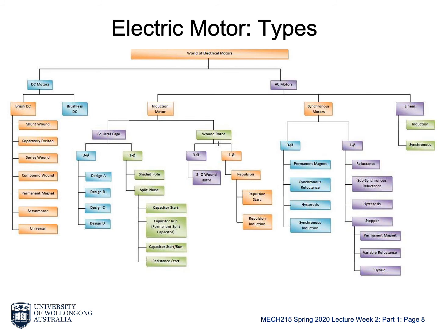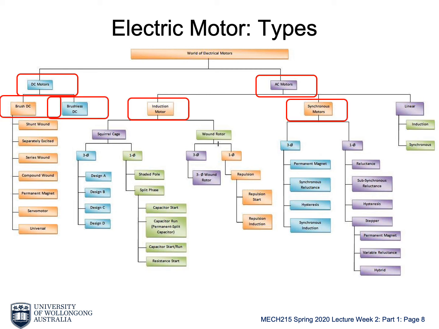Electrical motors can be categorized into two major types, the DC motor and the AC motor. There are two subgroups in each of these. For the DC motor, you have a brushed DC motor and a brushless DC motor.